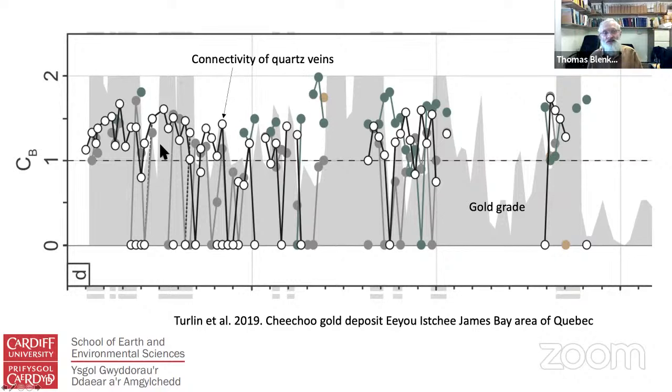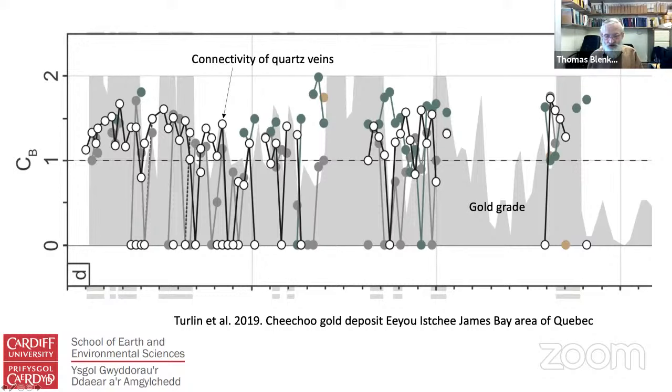And there is a first order correlation between the higher connectivity and the higher gold grade. So I think this is a very exciting and promising development, which certainly needs more work to test ideas about how it can in fact be used in a predictive sense. But here's a strong clue to begin with.